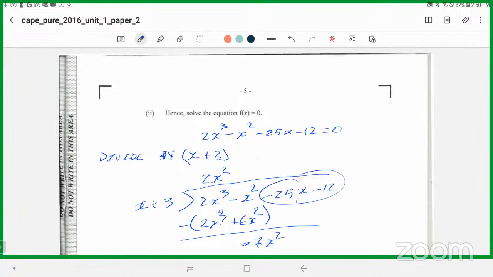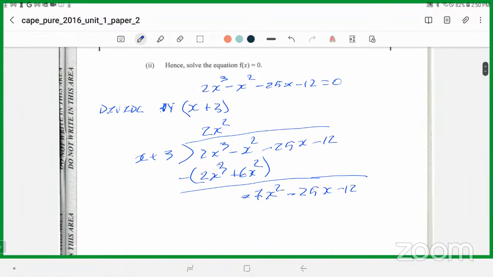Then these come back down unchanged, so we get minus 25x minus 12. Then this divided by this one gives negative 7x. Negative 7x times these give us negative 7x squared and negative 21x.